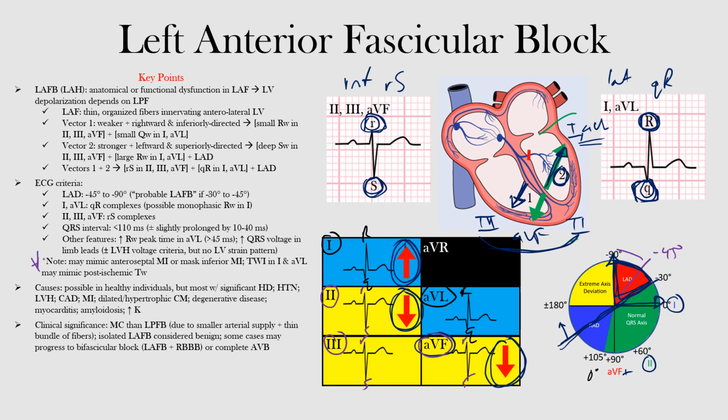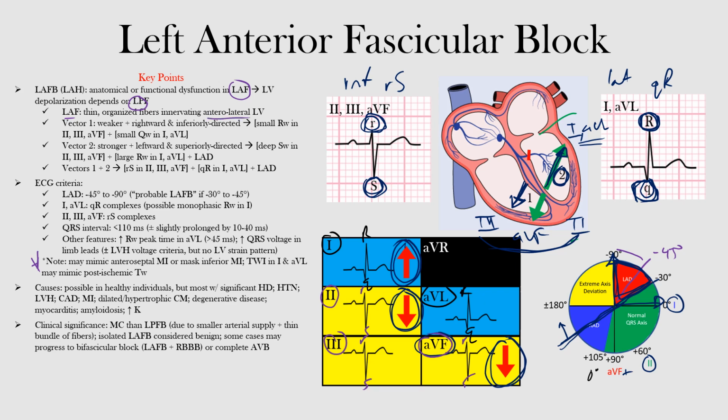Left anterior fascicular block, or left anterior hemiblock, is an anatomical or functional dysfunction at the left anterior fascicle. Because of that, the left ventricle is being depolarized by the left posterior fascicle initially. Remember, the left anterior fascicle has thin, organized fibers innervating the anterior and lateral aspects of the left ventricle.